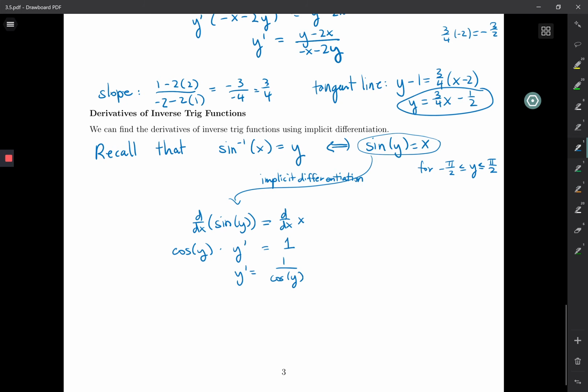Okay, so how we can do that is first to notice that cosine of y is greater than or equal to 0 on this interval that we've restricted our attention to. So this is minus pi over 2 to pi over 2. And you can see this by just looking at the graph.